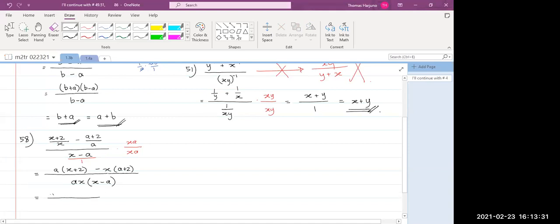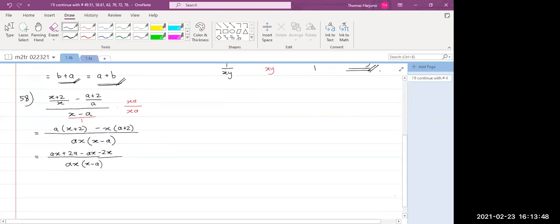So what I will do, I will distribute and combine like terms. This is ax times x minus a. Okay, the ax cancels, so I have 2a minus 2x over ax times x minus a. Oh, but I can factor the 2, right?